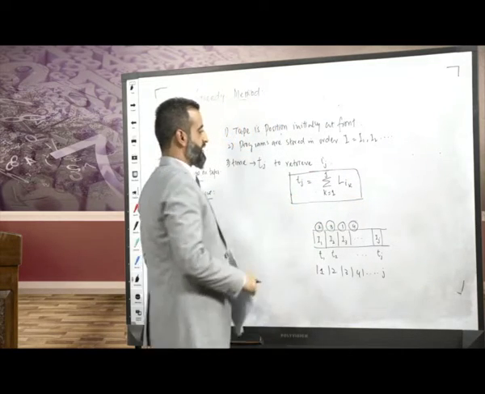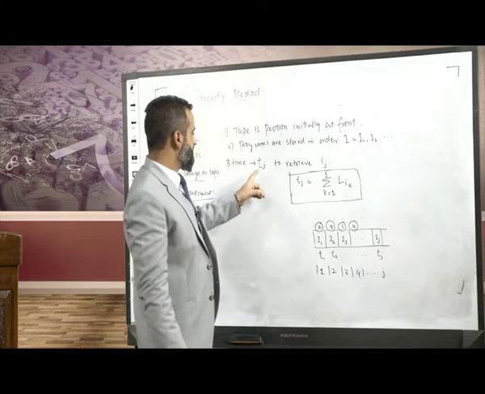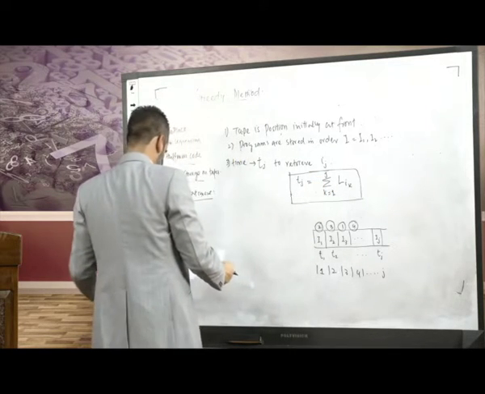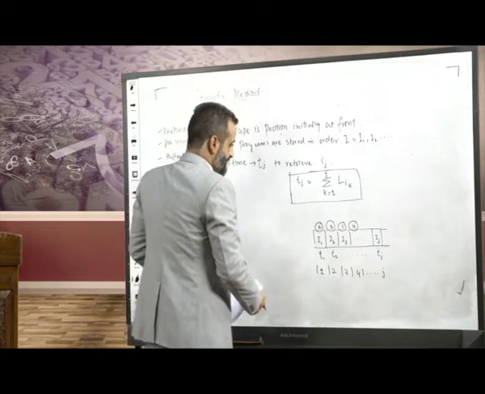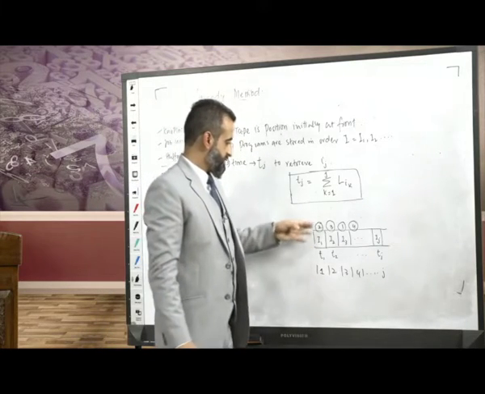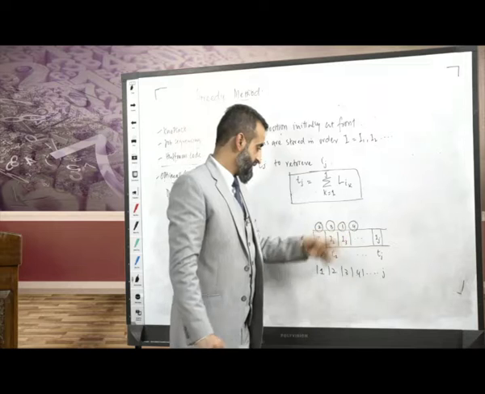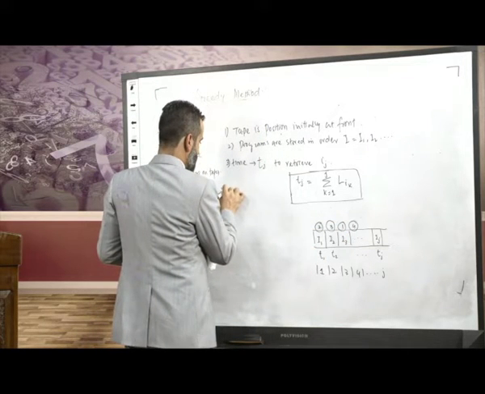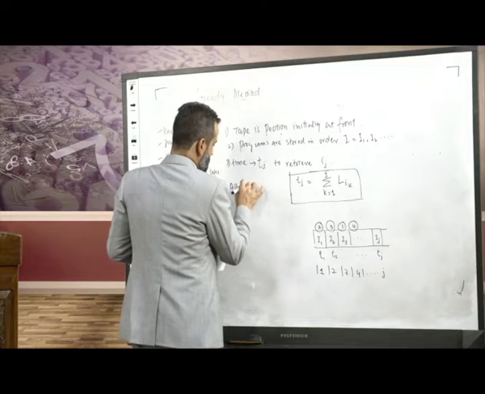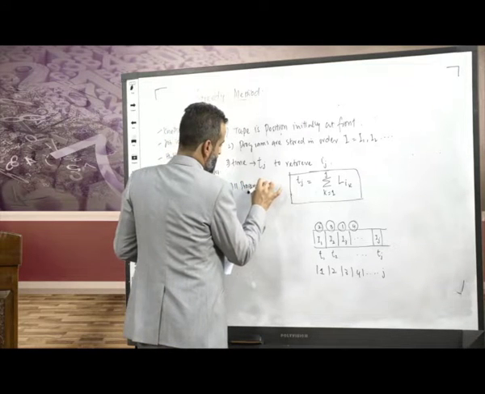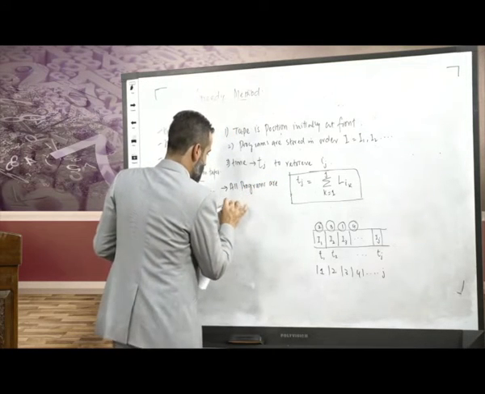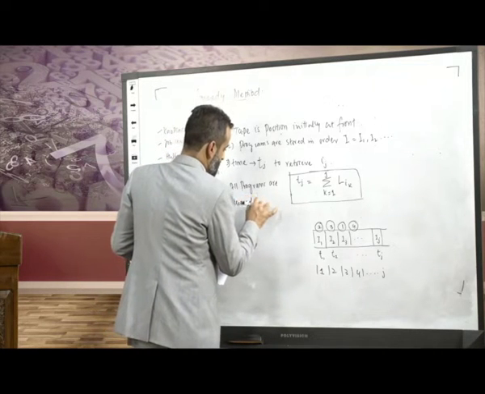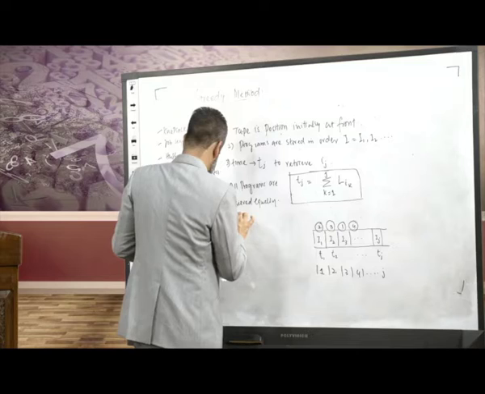That's the time required to access some particular program I of j, which is my T of j, and T of j can be computed using this formula. Now let's assume that all these programs, I1, I2, I3, are all retrieved equally often.